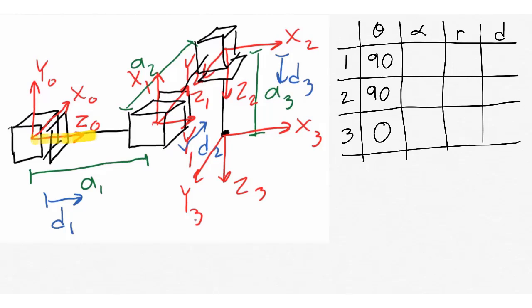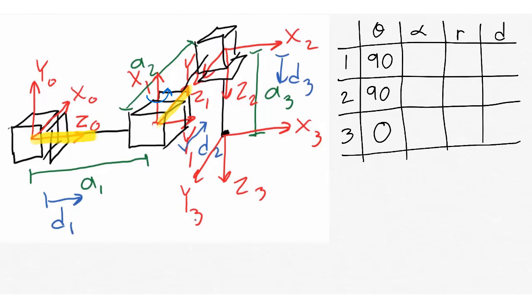Z0 is pointing to the right, and Z1 is pointing into the page. So I need to ask myself, how much do I need to rotate the 0 frame around the axis X1, like that, in order to get Z0 to match Z1?